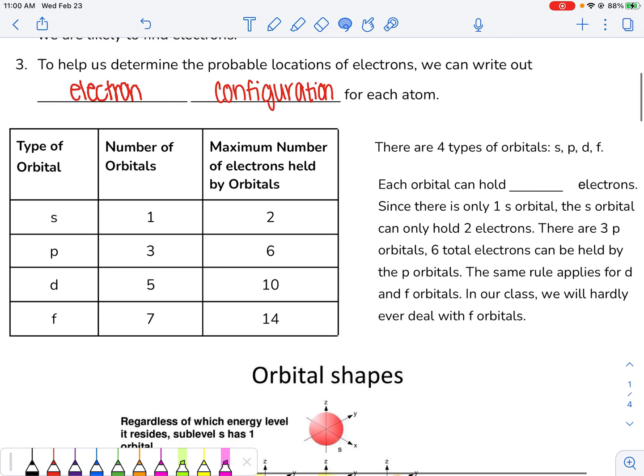There are four different types of orbitals. The ones that I have listed here for you, S, P, D, and F, tell you their shape. Every individual orbital can hold a maximum of 2 electrons, and each type of orbital has a different number of sublevels associated with it.